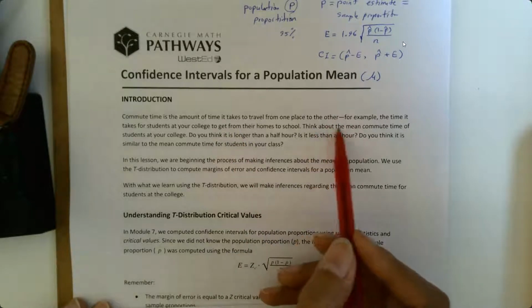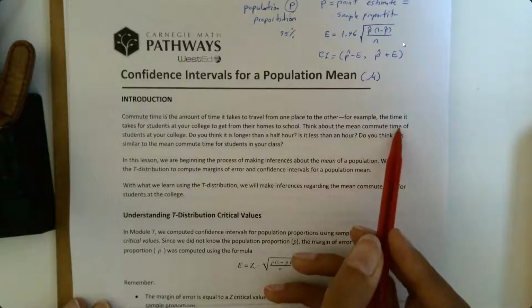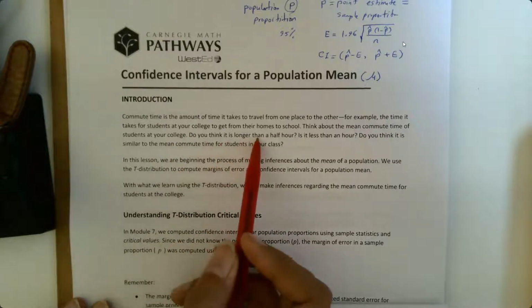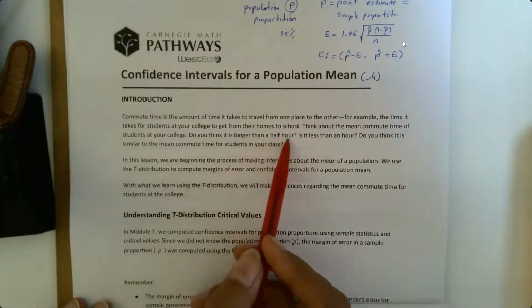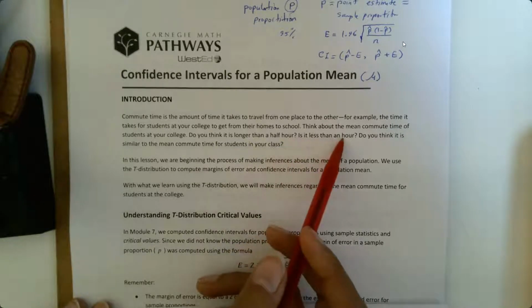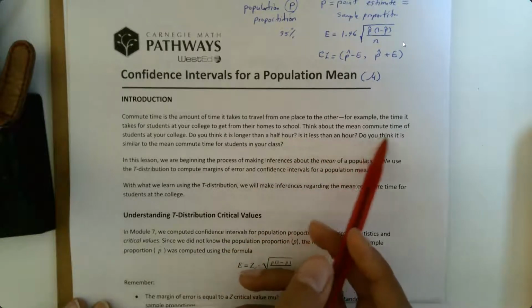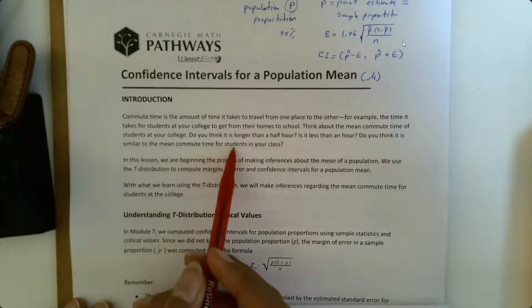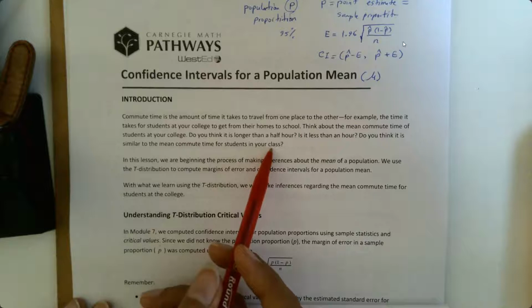Think about the mean commute time of students at your college. Do you think it's longer than a half hour? Is it less than an hour? Do you think it's similar to the mean commute time for students in your class?